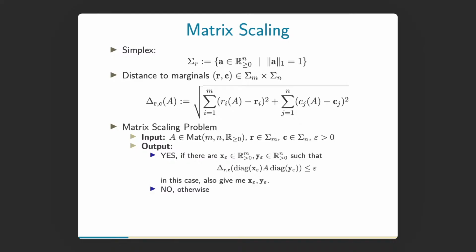That will be important. So is it true that if delta is less than epsilon, then the distance to a truly doubly stochastic matrix is also epsilon? Sorry, say it again? Is this the same thing as the distance to the nearest doubly stochastic matrix? Oh, like if this is the same as the distance of A to the nearest doubly stochastic matrix. That's a very good question. Yeah, it will be.